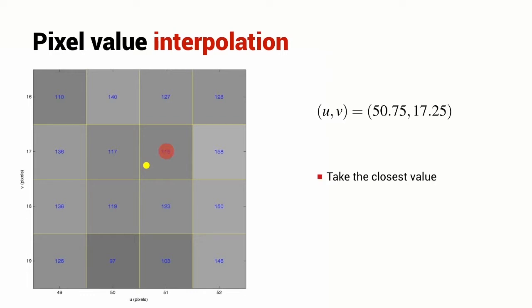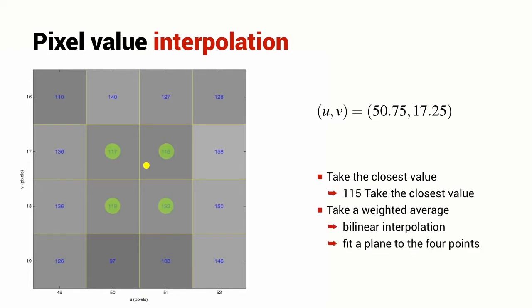The first thing we can do is to take the value of the pixel that's closest. So the yellow dot lies within the bounds of the pixel shown here that's got a value of 115. So we can just say the pixel value is equal to 115. But it's in the bottom corner of that particular pixel. So you'd think that the 117 next door, the 123 beneath it, might actually elevate the value there.